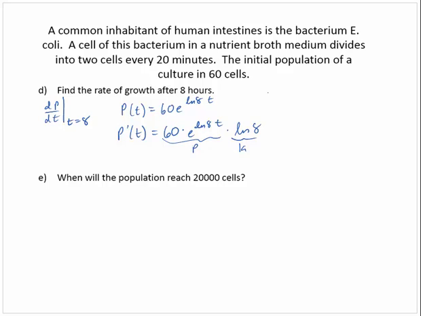And so dP/dt evaluated at t equals 8 would be equal to P of 8 times the natural log of 8. And so that's approximately 2.09 times 10 to the 9th.